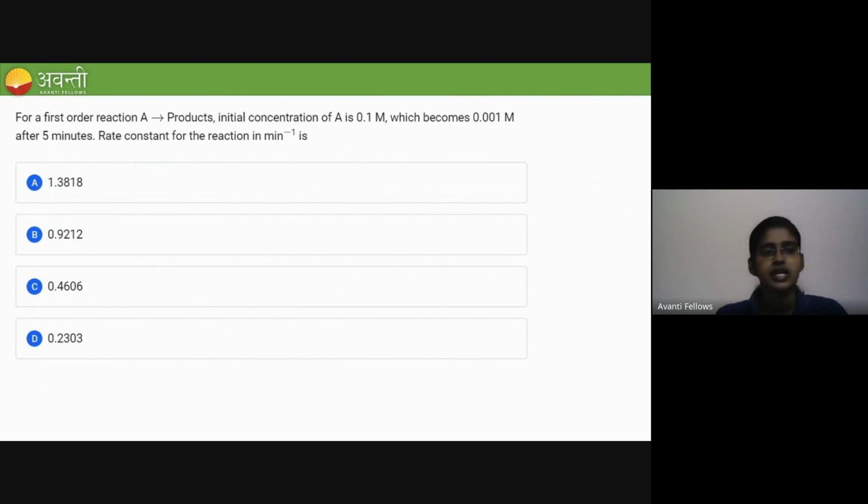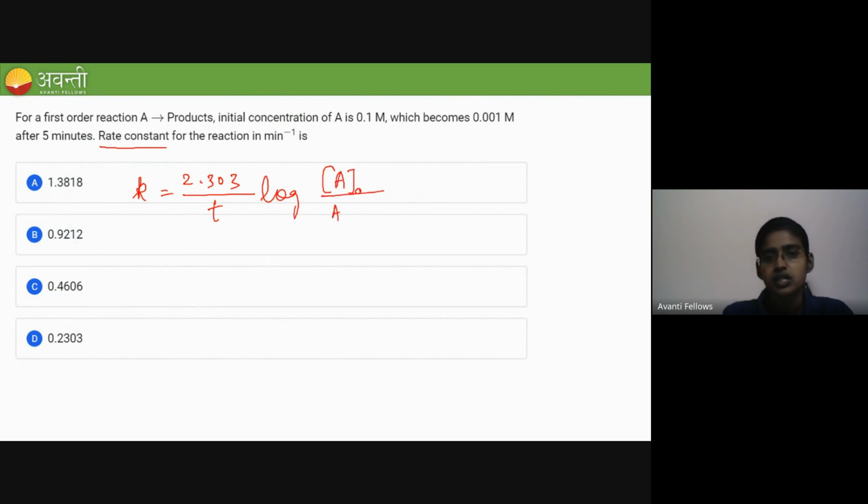For the first order reaction, K is equal to 2.303 by T into log of the initial concentration divided by the concentration of the reactant after some time T. So it is equal to 2.303, and the time is given in minutes, which is 5, into log of the initial concentration 0.1 and the concentration after time T, 0.001.